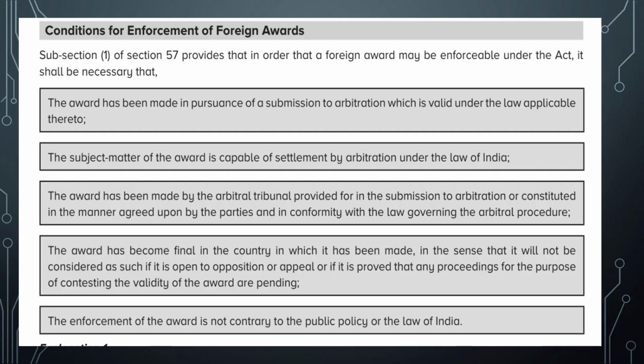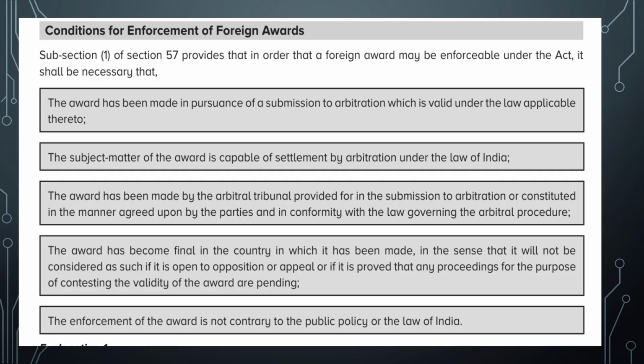So subject matter is capable of settlement by arbitration under the law of India, and the award should be in pursuance of submission to arbitration. So the submission should be valid. If the submission is invalid, then there is no chance of the award being enforced, and the enforcement of the award is not contrary to the public policy or law of India. So these are the three easy things you can reproduce.